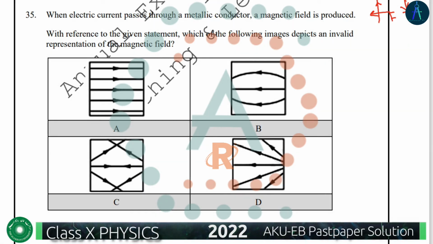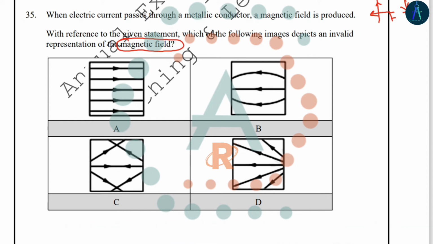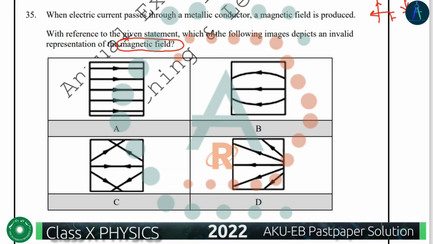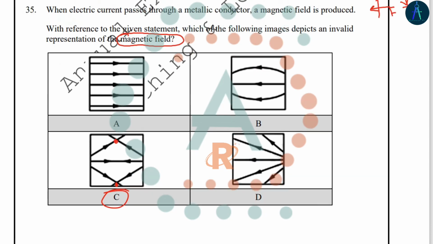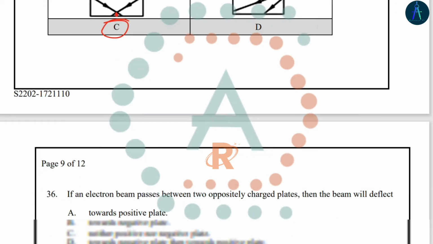So magnetic field and electric field, both of these fields have a common property: any two electric field lines or any two magnetic field lines never intersect each other. If you can see in diagram C, the lines are intersecting. This means that this is the incorrect representation of electric field or magnetic field.